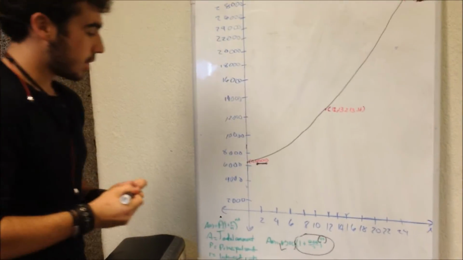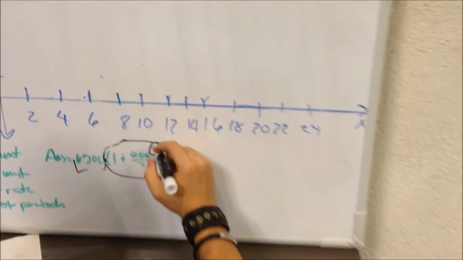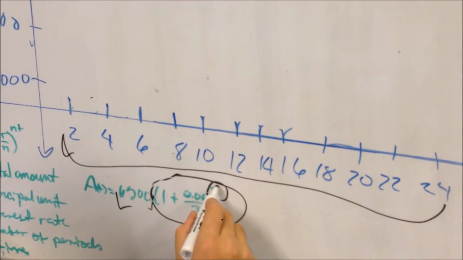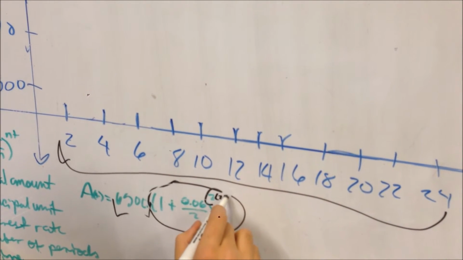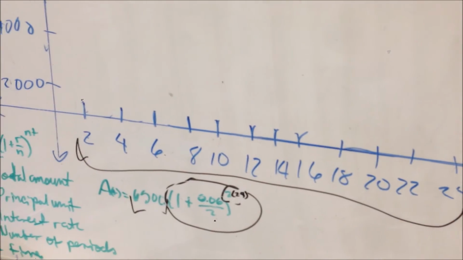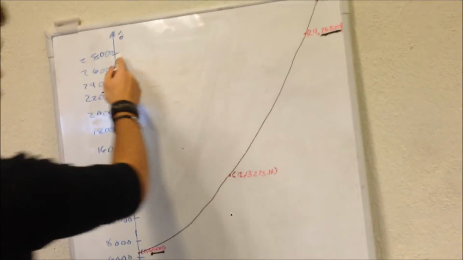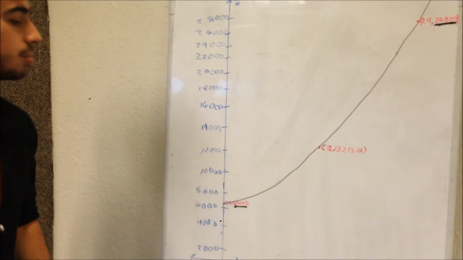Now we give this new value to this, which is why it is monthly. Now we have 24 months. This is how we got the value. We checked it's correct, and now that's basically how compound interest works.